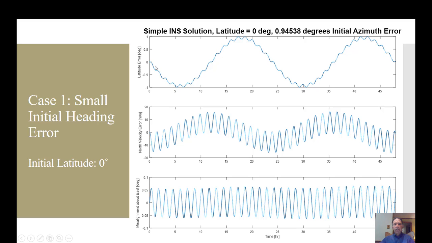However, notice we do see these perturbations that represent Schuler oscillations that get coupled in due to the coupling of gravity and tilts.